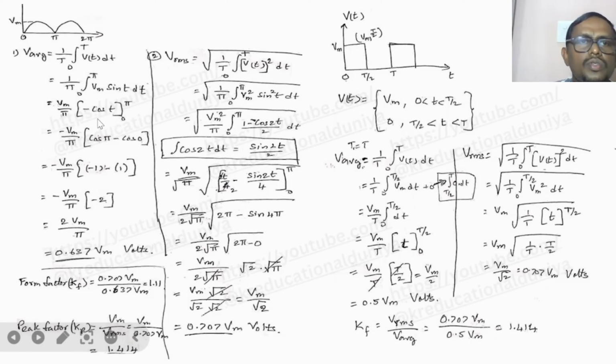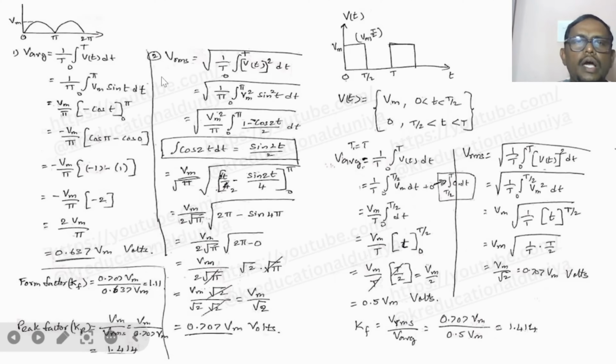So minus Vm by pi into cos pi minus cos 0, upper limit minus lower limit. Cos pi value is minus 1 minus cos 0 value is 1, so minus 2. So minus Vm by pi into minus 2, the minus signs cancel, and you get 2 Vm by pi. So 2 by pi value is 0.637, so 0.637 Vm volts.